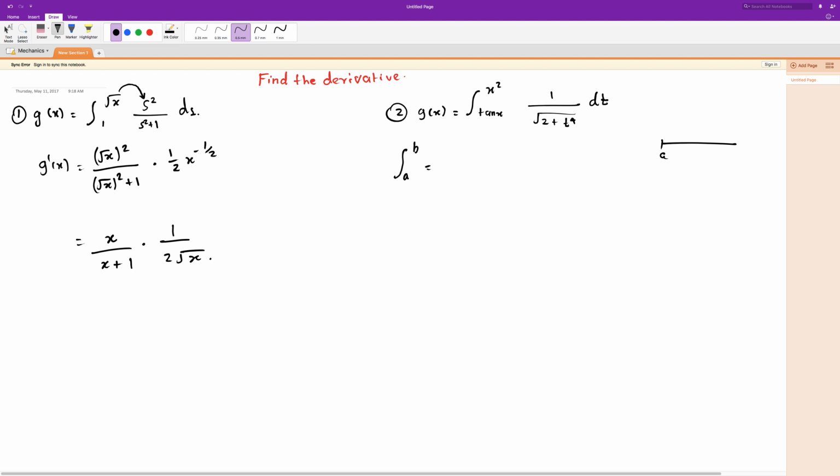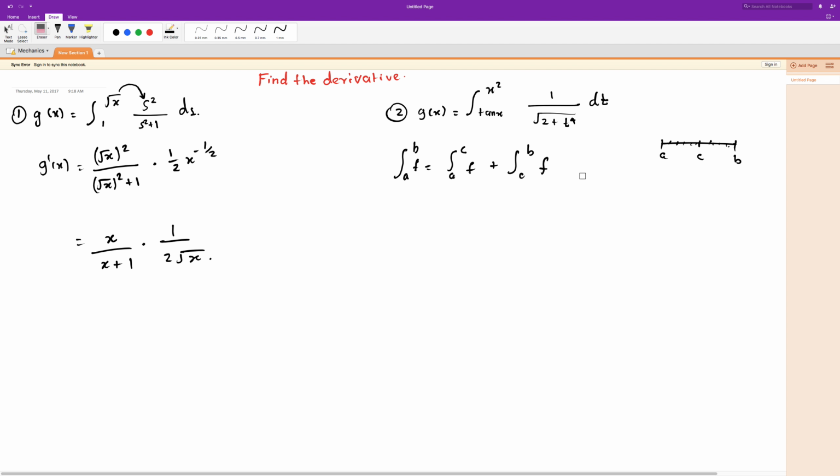If it's a and if it's b, we can say there's a value c between, and we can separate the integrals. So in this case we can separate this one as the integral from a to c of f plus the integral from c to b of f. So that's what I'm going to do here.